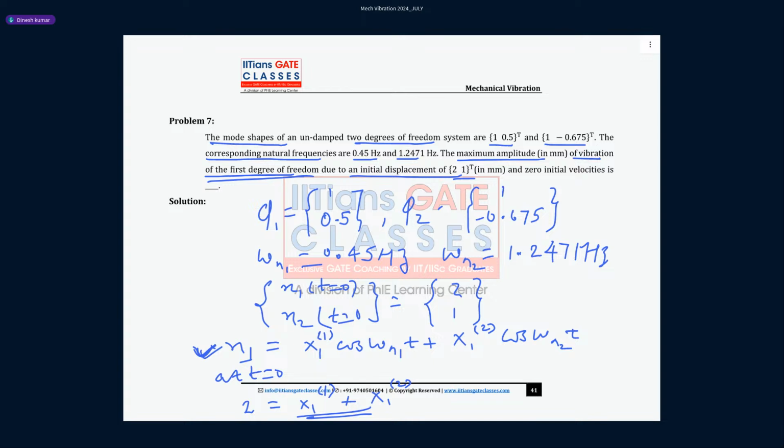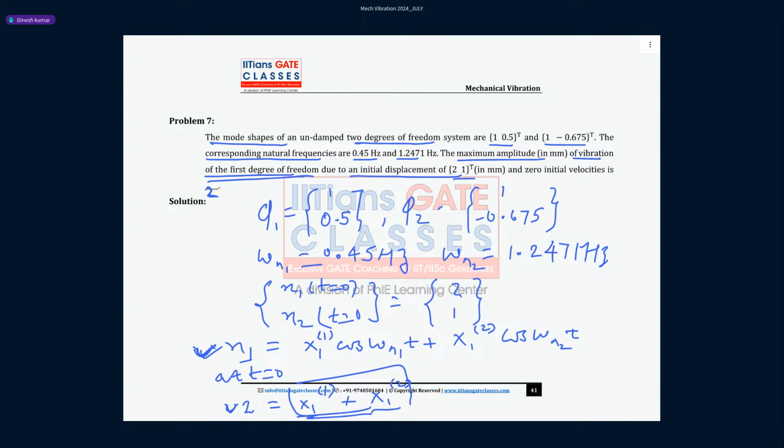The maximum amplitude for mass m1 is 2. It cannot be more than 2. Clear? Everybody, it is clear? Okay. So maximum amplitude can be 2. So 2 is the answer.